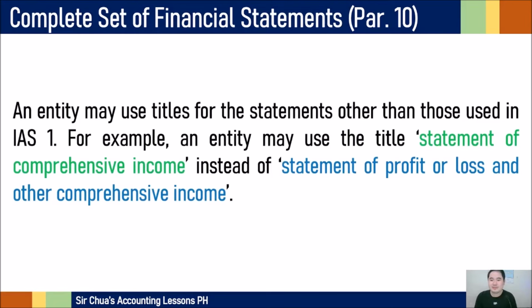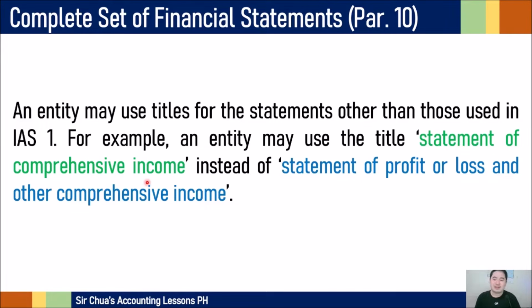An entity may use titles for the statements other than those that are mentioned in the standard, no? For example, the prescribed title for your income statement and comprehensive income in IAS 1 is actually Statement of Profit or Loss and Other Comprehensive Income. But if you find it fit, you can just simply call it the Statement of Comprehensive Income.